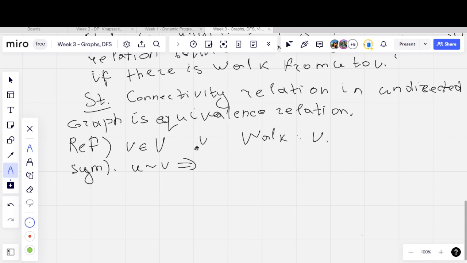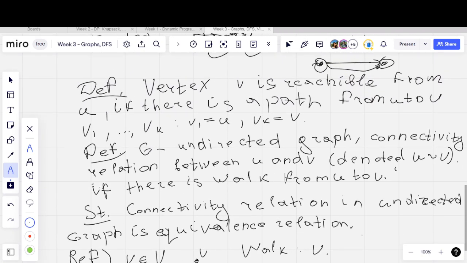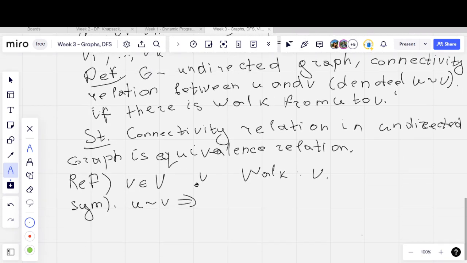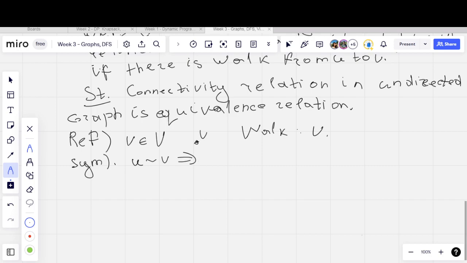We consider an undirected graph, and if we have a walk from u to v, it means we have a walk from v to u because the graph is undirected.